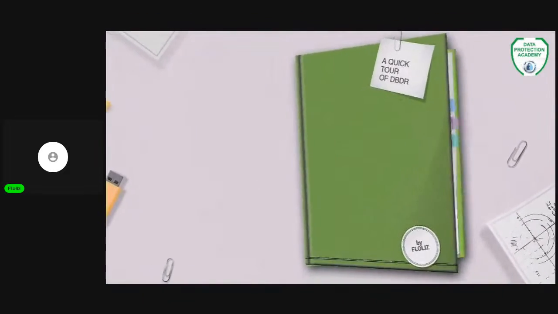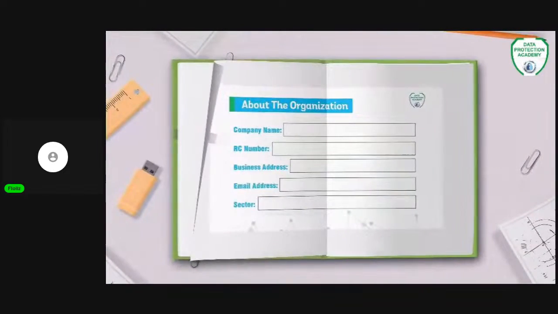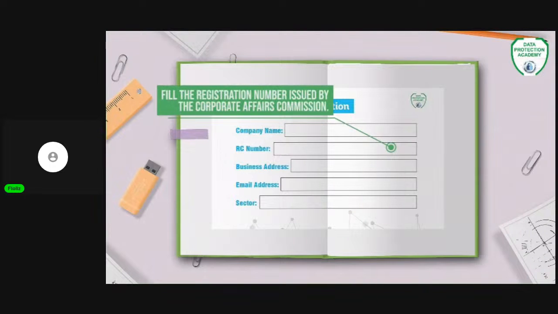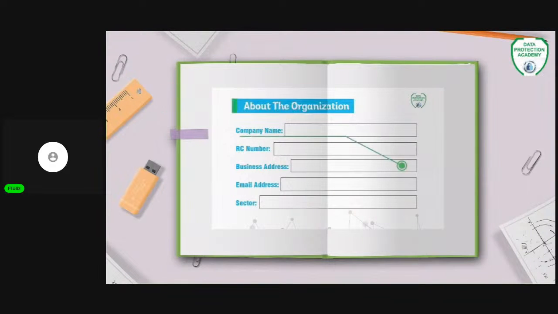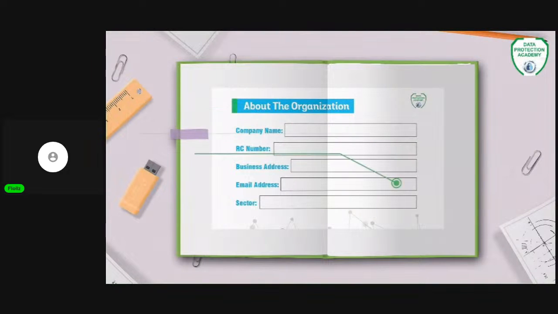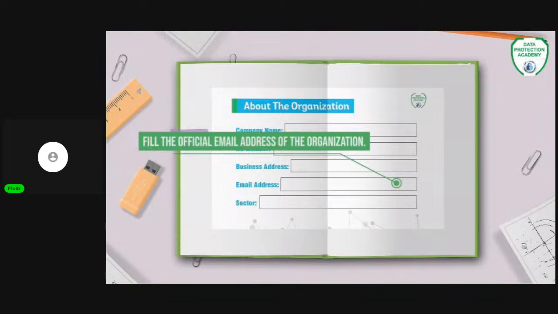Here is a step-by-step guide on how to use the Data Breach Documentation Register. About the organization. Fill the name of the organization. Fill the registration number issued by the Corporate Affairs Commission. Fill the location where the organization is physically situated or conducts its operations. Fill the official email address of the organization.